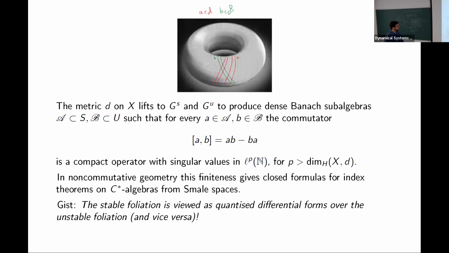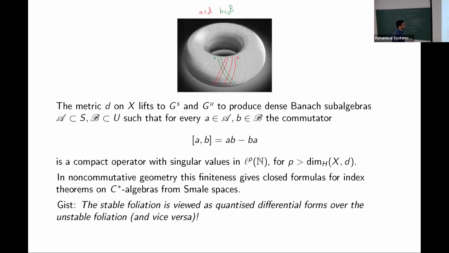And these metrics, you want them to respect the groupoid structure, to be compatible with the groupoid structure. And then, since you have a metric space, you can talk about Lipschitz functions, and the algebra of Lipschitz functions of those stable and unstable groupoids. You can enlarge them in a canonical way then to Banach subalgebras of the stable and unstable foliation C*-algebras.